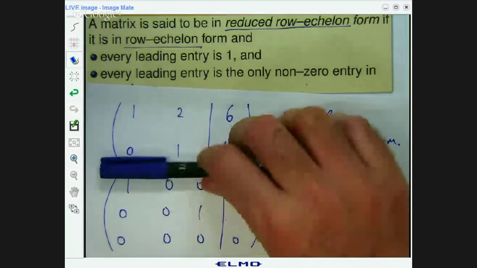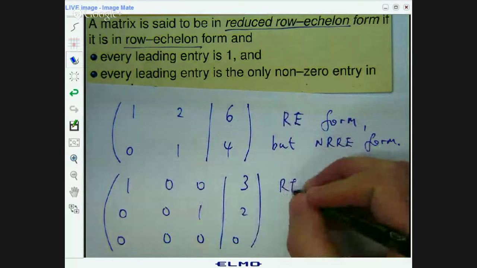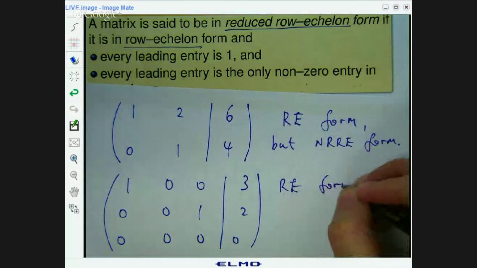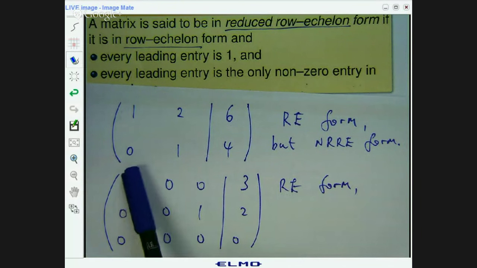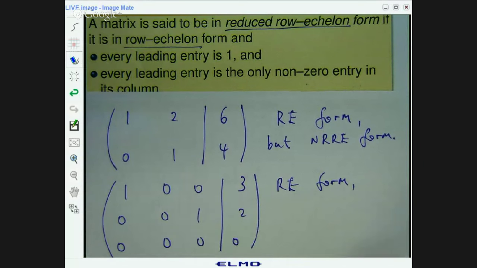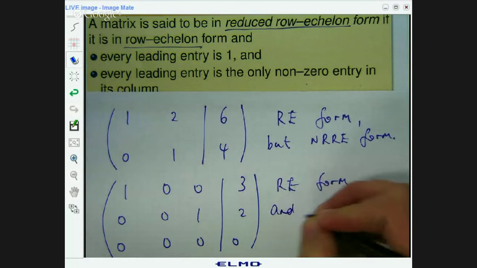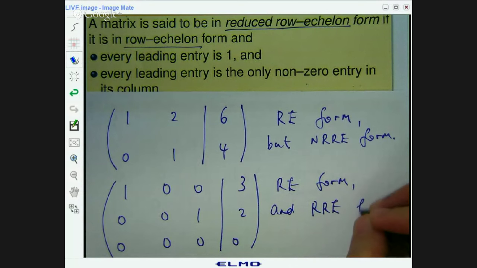And as you go down, you move to the right. So that is in row echelon form. Next question, is it in reduced row echelon form? Let's look at this entry. Every leading entry is a 1, right? And this leading entry is the only non-zero entry in that column, and same with that one. So it's in reduced row echelon form.